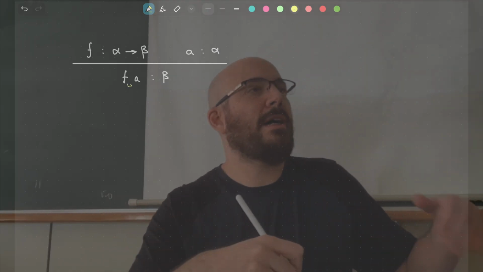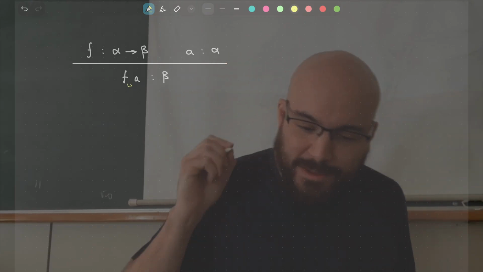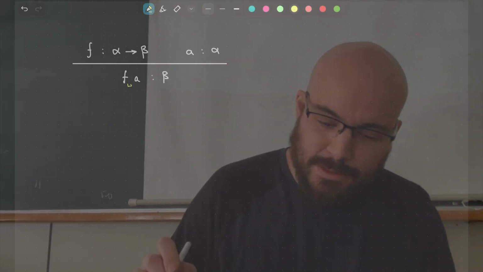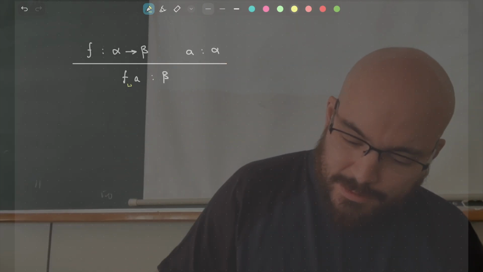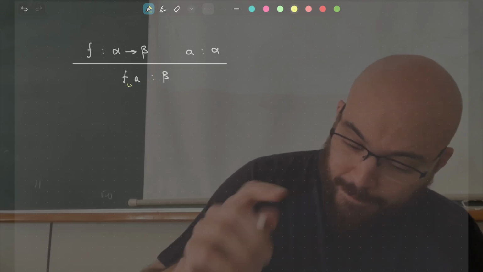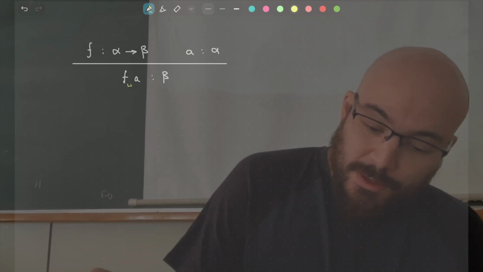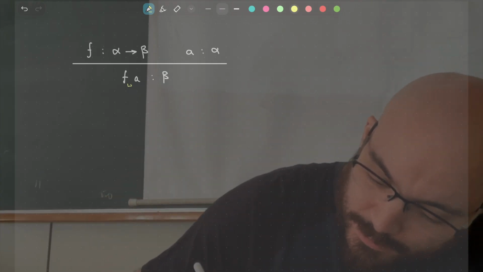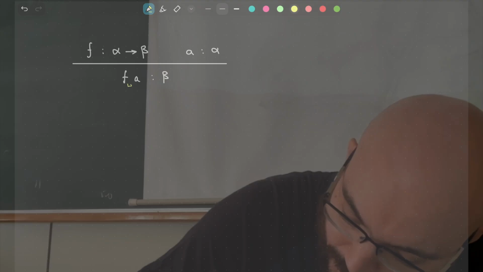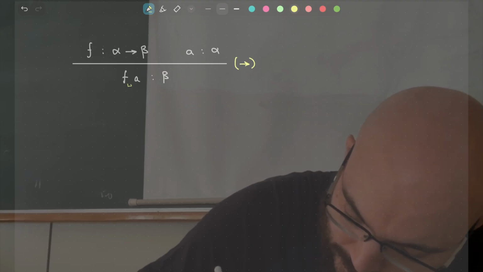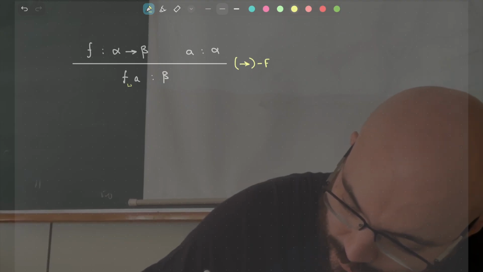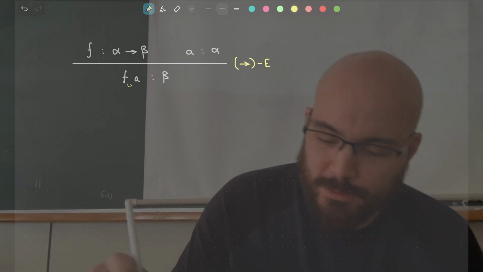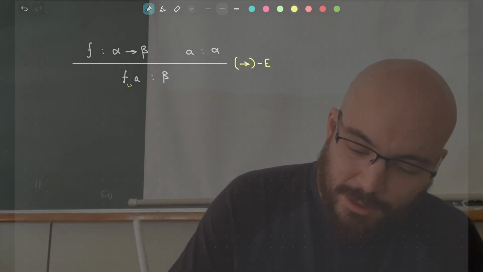I keep calling it invisible and highlighting it, but don't get in the habit of writing this little symbol there. It's not there. It's invisible. So this is how we use an implication, the elimination of the arrow.